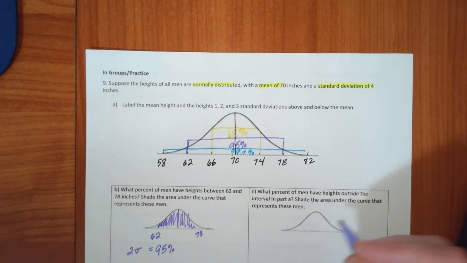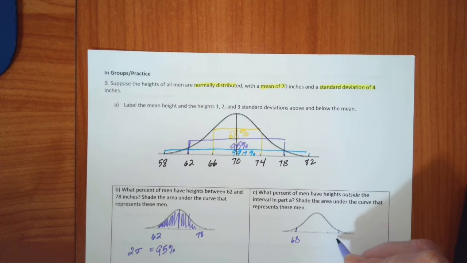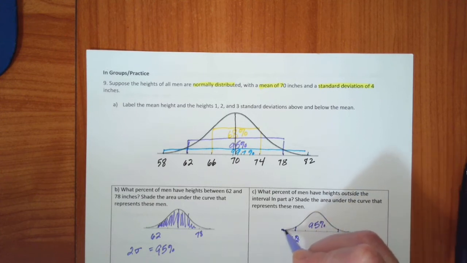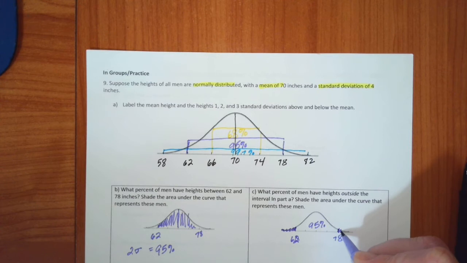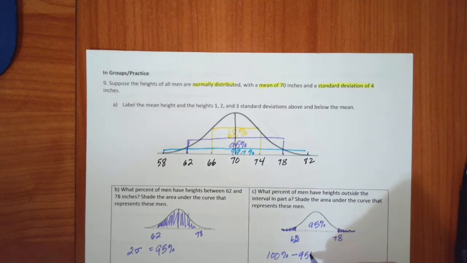What percent have heights outside these areas? Well, we're going to look at our 62 and 78 again. If 95% is in here, then outside is going to be 100% minus 95%, which is 5%.